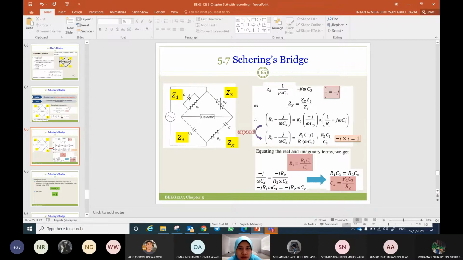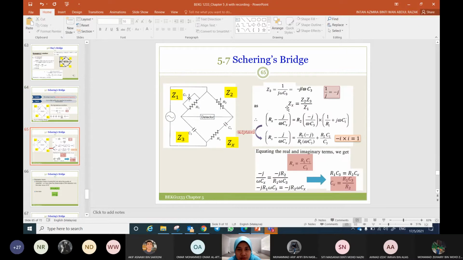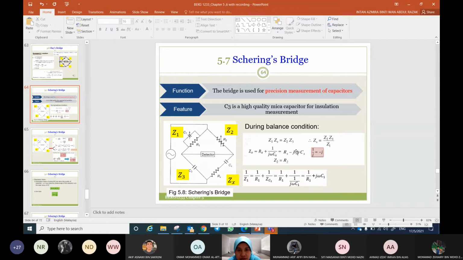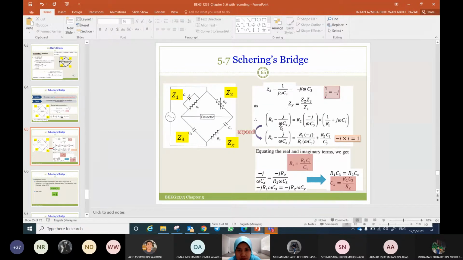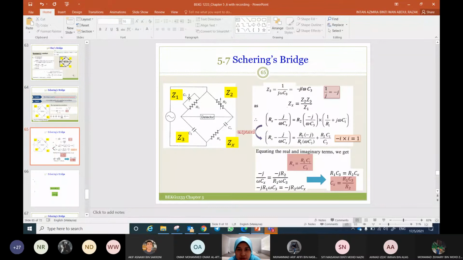Zx is equal to Z2 Z3 over Z1. So Zx is equal to Rs minus j over omega Cx, equal to Z2, which is R2, multiplied with Z3, which is minus j over omega C3, and then divided by Z1.